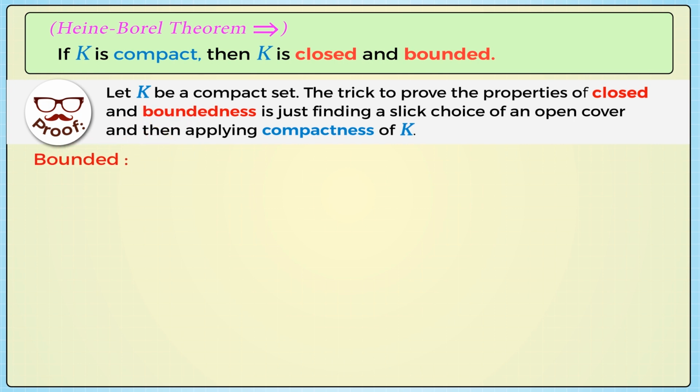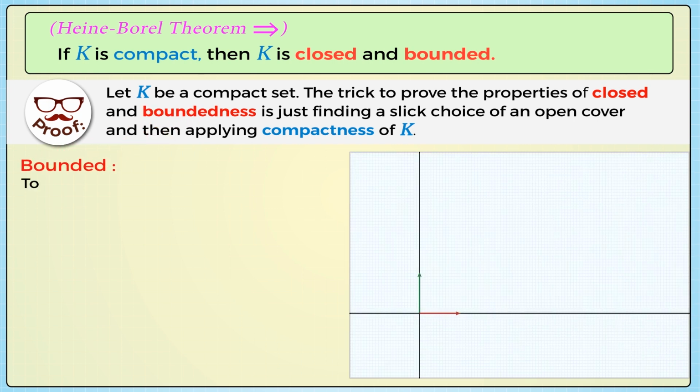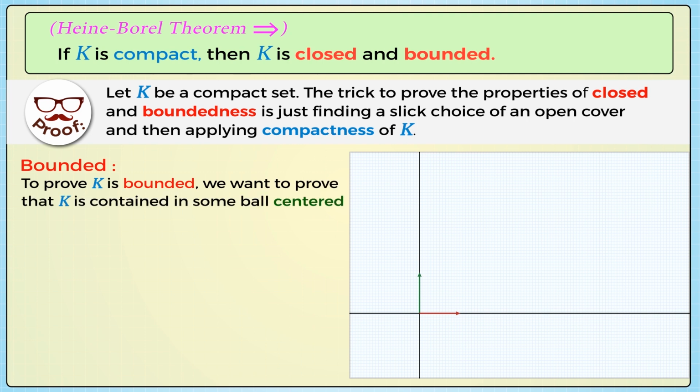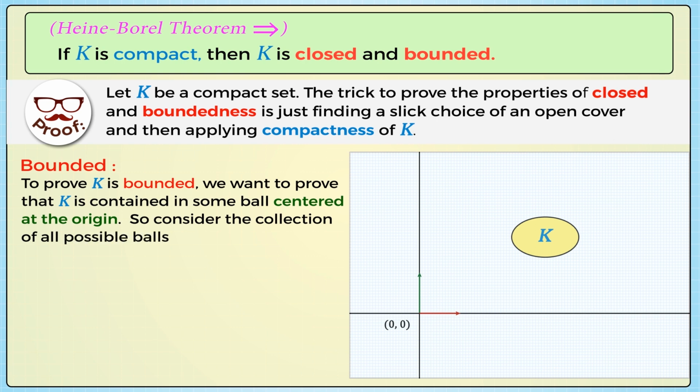To prove K is bounded, we want to prove that K is contained in some bowl centered at the origin. So consider the collection of all possible bowls centered at the origin.